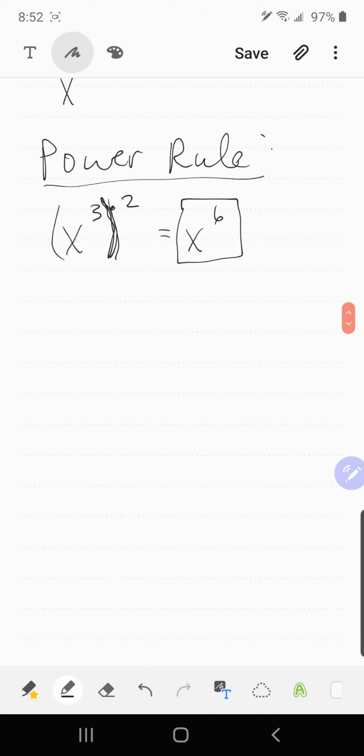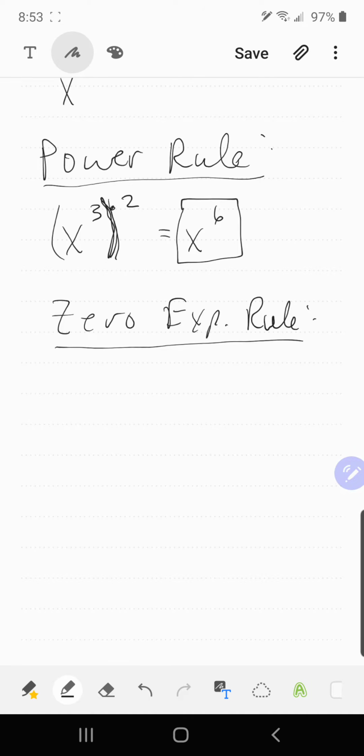Next rule we're going to look at is the zero exponent rule. What the zero exponent rule says is that any base, being a non-zero base, raised to the 0 power is 1.